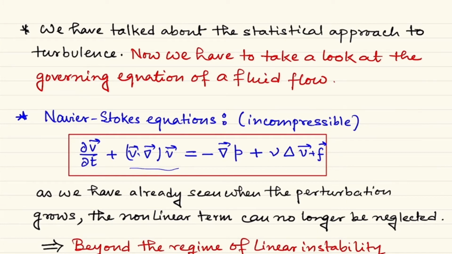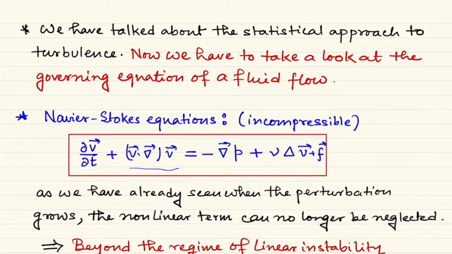At very large scale the forcing term is the part which contributes. In the intermediate range this one contributes, and at the very small scale this one contributes. The forcing is specifically given at the very large scale, so once it is injected, in the intermediate scale this part is balanced by this one, and in the small scale this part is balanced by this one.